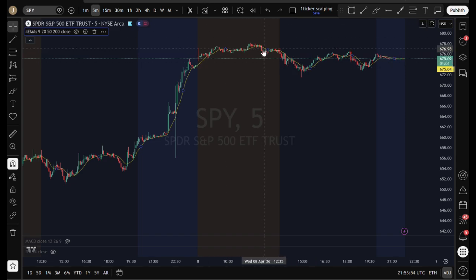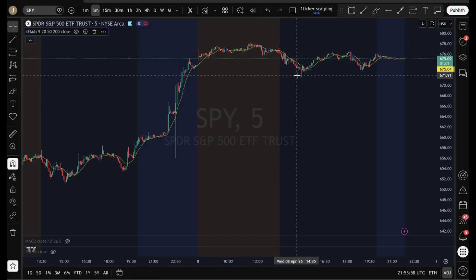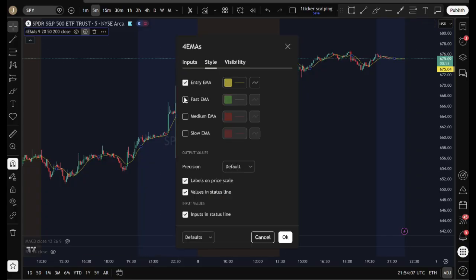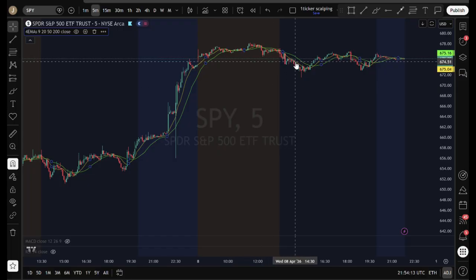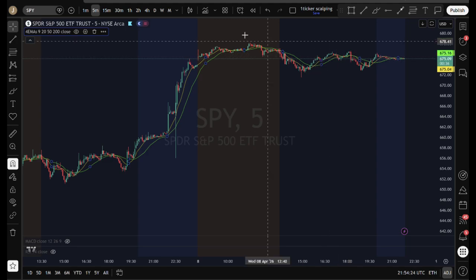And at times, we can pull back just to the 20 before continuing up. So we'll put our 20 back on. We came down, we pulled a little bit below the 20, but we came back up. And now we're back on an uptrend.